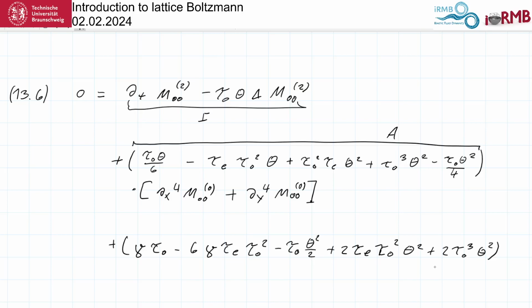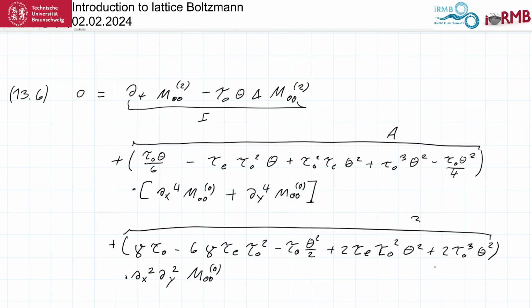Okay, so no guarantee I don't get this wrong. So if you really want to know and use it, do it yourself. So this is the mixed fourth derivative on M0,0, and we're going to call this guy here B.